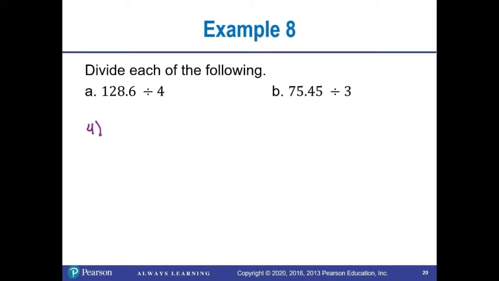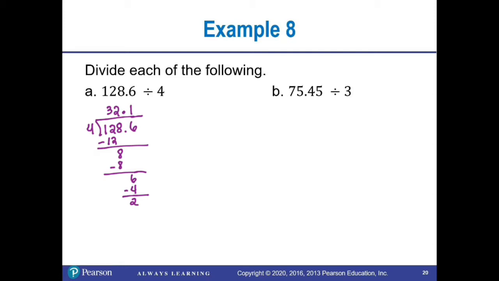I'm going to divide 4 into 128.6. The decimal point in the quotient goes directly over the decimal point in the dividend, so be sure you line up your decimal points. 4 goes into 12 3 times with none left. Bring down your 8. 4 goes into 8 2 times with none left. Bring down your 6. 4 goes into 6 1 time with 2 left.